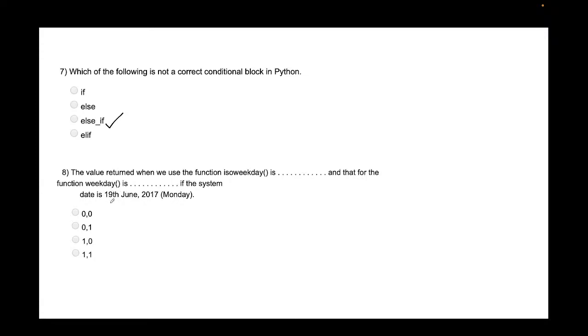On this date, if you invoke isoweekday and weekday, what will be the output that you see? Four pairs of outputs are given for these two functions: 0 0, 0 1, 1 0 and 1 1.